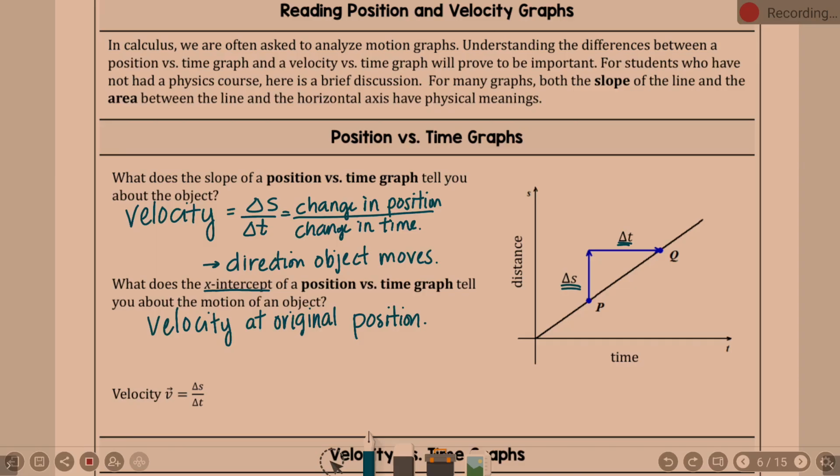Okay, and then down here it talks about velocity. What did I have in my notes here? Okay, it basically is just giving you the velocity definition there. Reminder, when the velocity is greater than 0, the object's going to move right, and when the velocity is less than 0, the object moves left, which we kind of already have talked about.